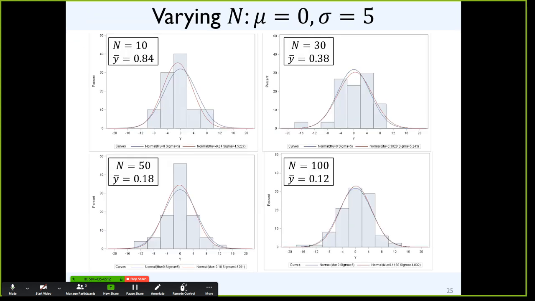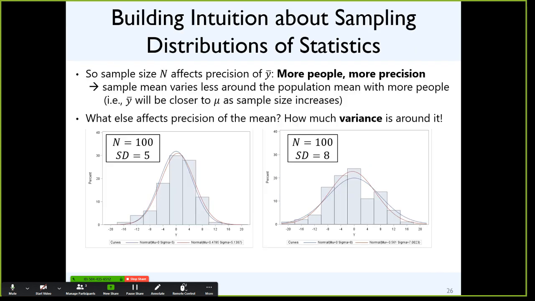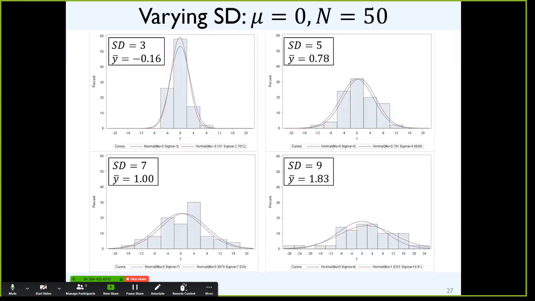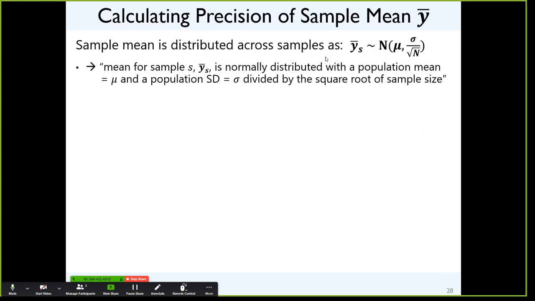More, yeah. So I had a slide about that. The mean is a little more wiggly the fewer people you have, wiggly being another technical term. Same thing with variance. The more variance you have around the mean, the harder it is to nail down the mean. So your confidence, I guess, can be expressed in characterizing a sampling distribution of the mean itself.